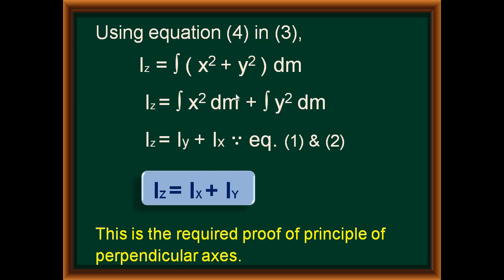But this integration of x² with respect to dm is nothing but the Iy, and the integration of y² dm is nothing but the Ix. Therefore we can write Iz is equal to Ix plus Iy. This is the required proof of the theorem of the perpendicular axis. Iz is equal to Ix plus Iy.